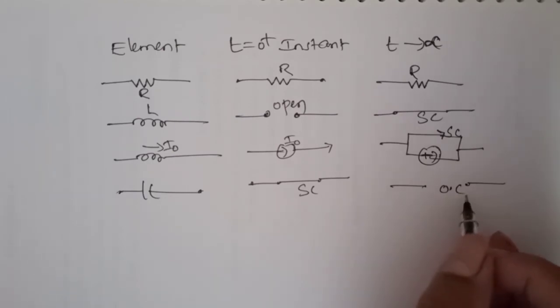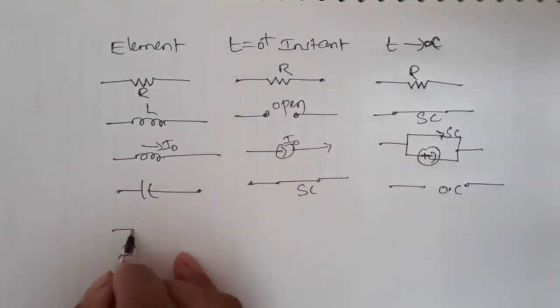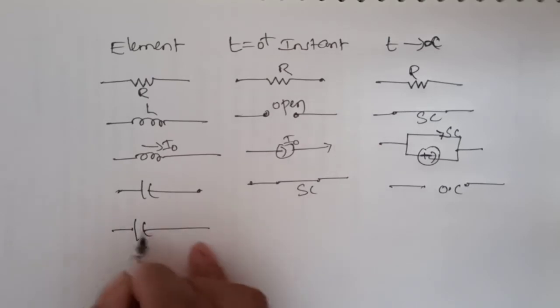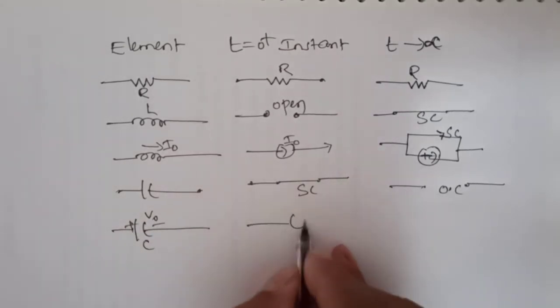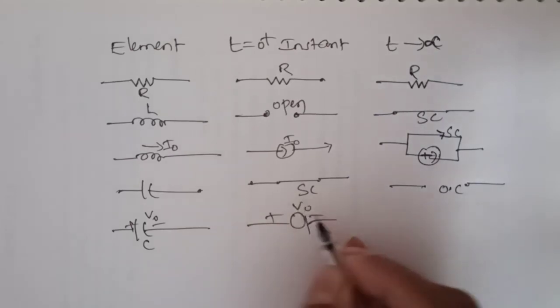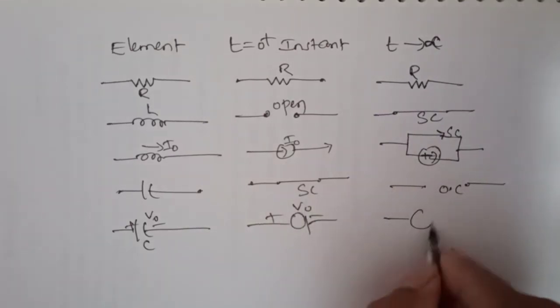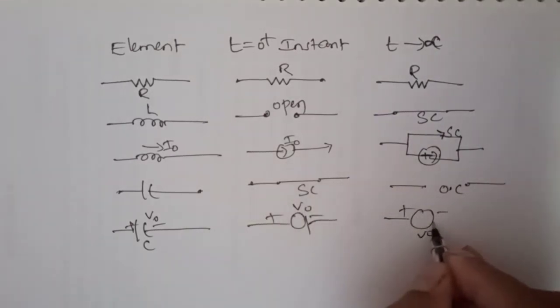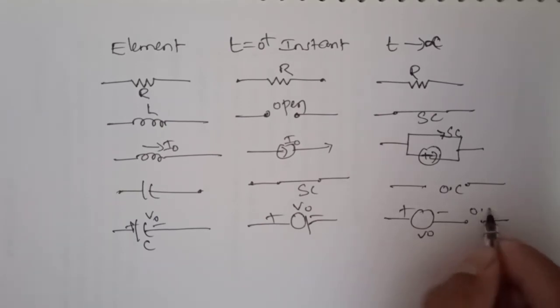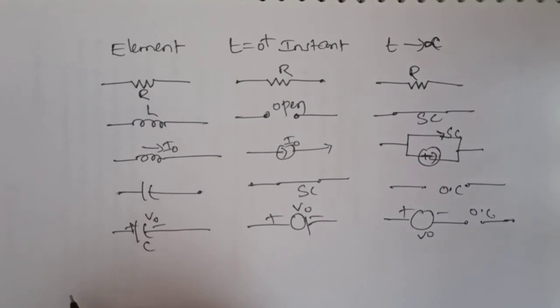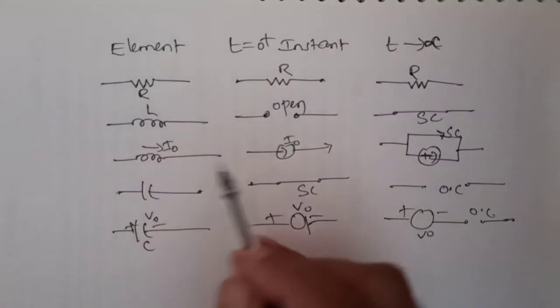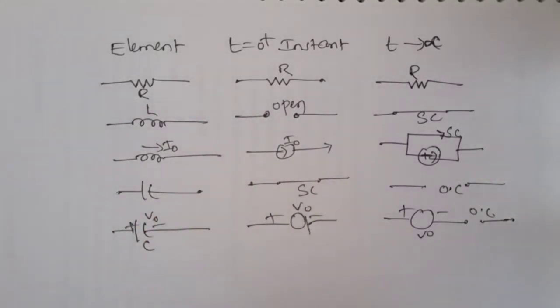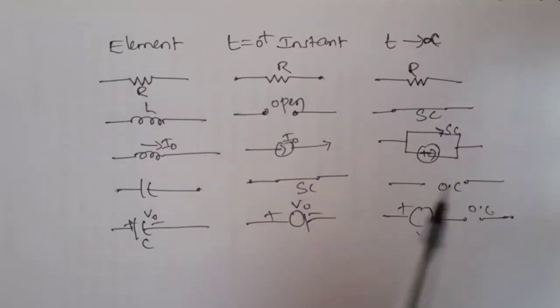For example, if the capacitor is carrying a certain voltage V0 initially, it acts as a voltage source V0, and at t equal to infinity, at the same voltage, it acts as an open circuit. So these are the three important element behaviors at t equal to 0 plus instant and at t equal to infinity instant.